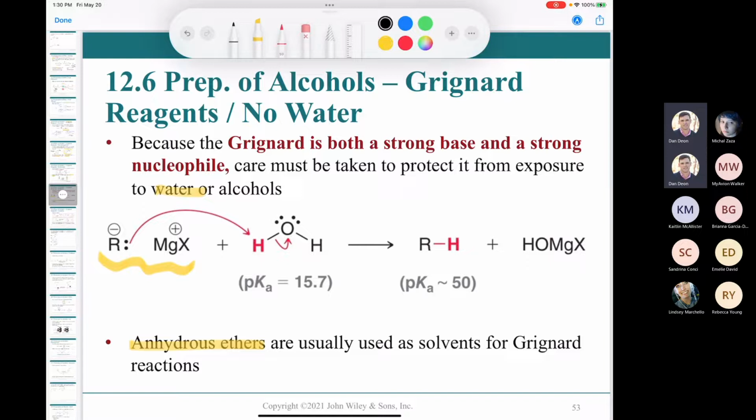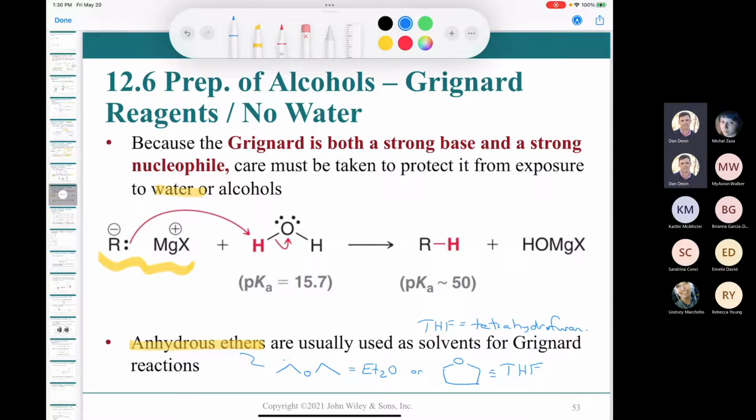If you're wondering what kind of ethers are good for a Grignard reaction, the ones that we usually turn to are diethyl ether, which we could just write like this and usually abbreviate Et2O, or we like to use a cyclized version of diethyl ether, which is this here. This compound is called THF, which stands for tetrahydrofuran.